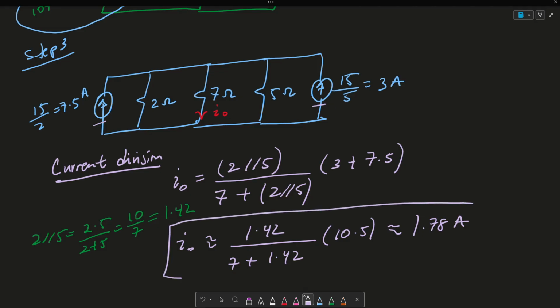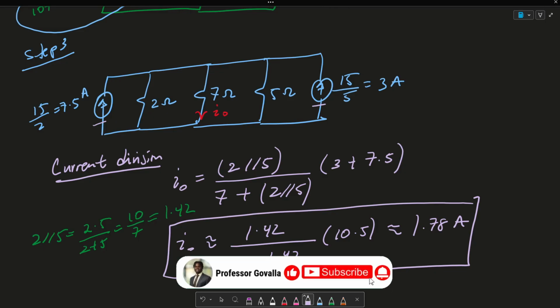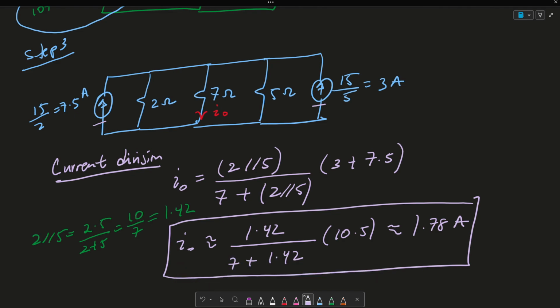So this is your IO answer. If you got these problems correctly, good job. If not, if you're confused, please leave down a comment, and I'll be sure to get back to you.